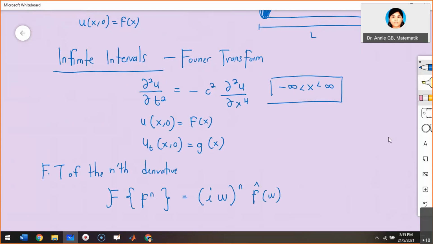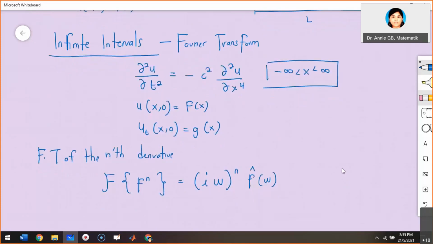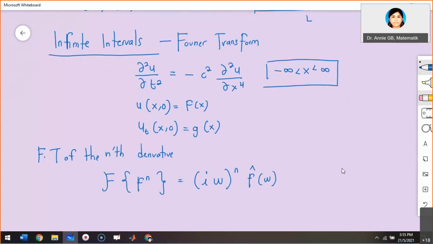Okay, so this is the one we're going to use for nth derivative. Now look at your problem. Sama macam konsep Laplace transform yang you belajar untuk ODE. To apply the Fourier transform, you need to apply Fourier transform to the right side and the left side.